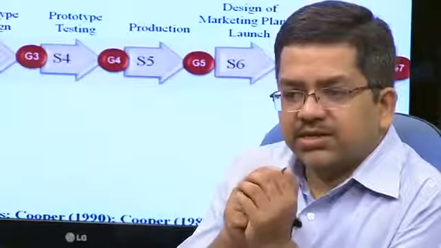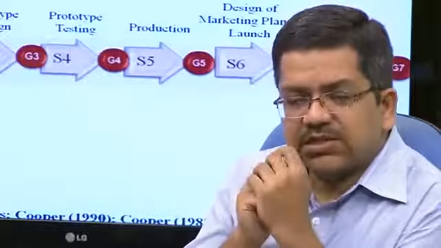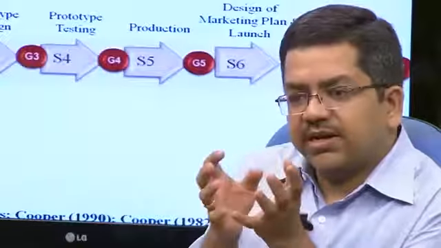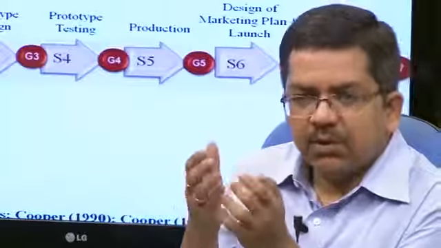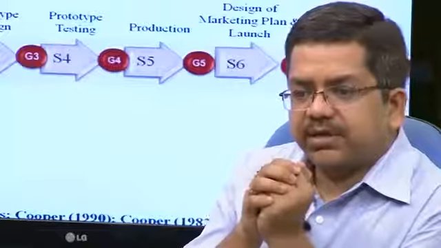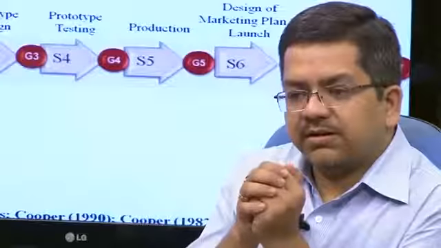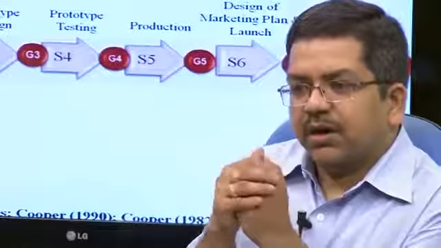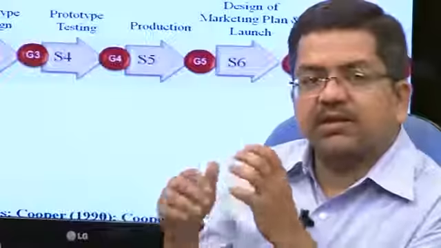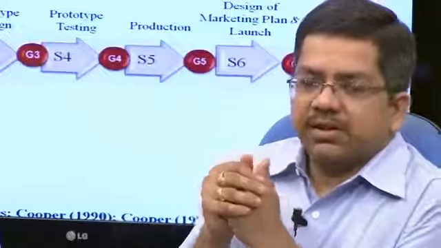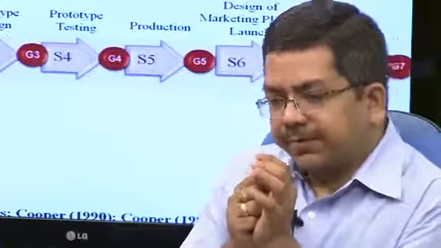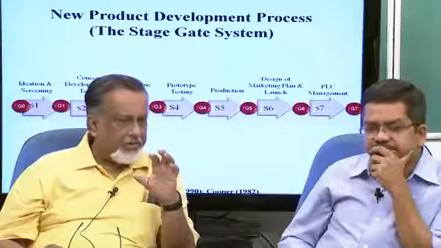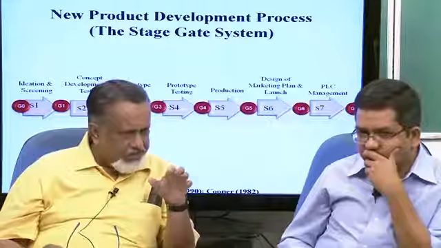Now, in this stage gate system, you can see there are 7 stages of new product development process, which starts with ideation and screening, followed by concept development and testing, then prototype design and testing, followed by the production of the new product, and then design and launch of the product, and then the last stage, which is shown as PLC management or product life cycle management.